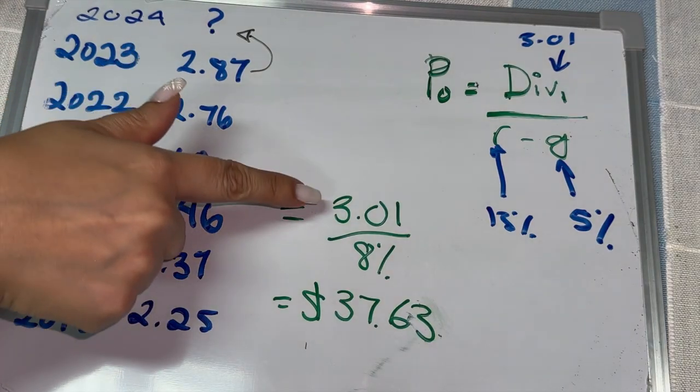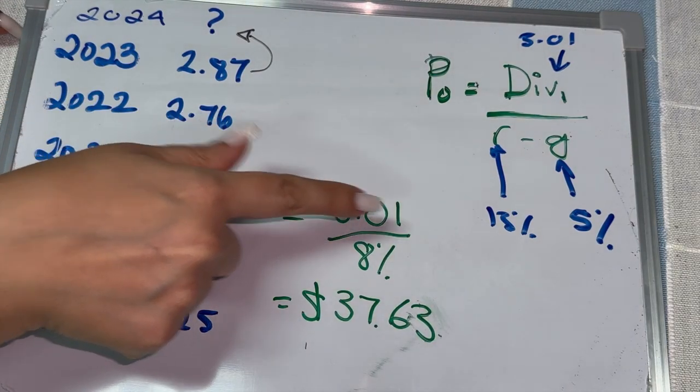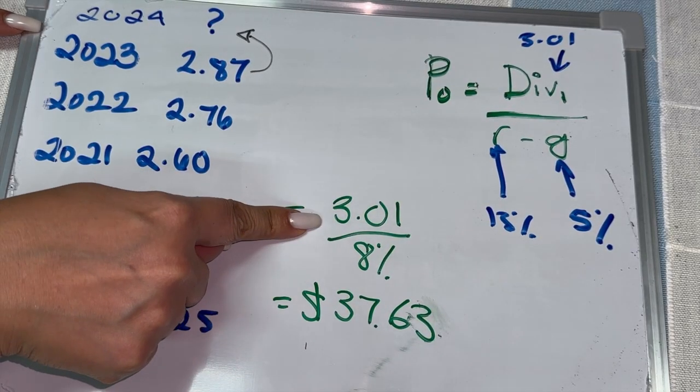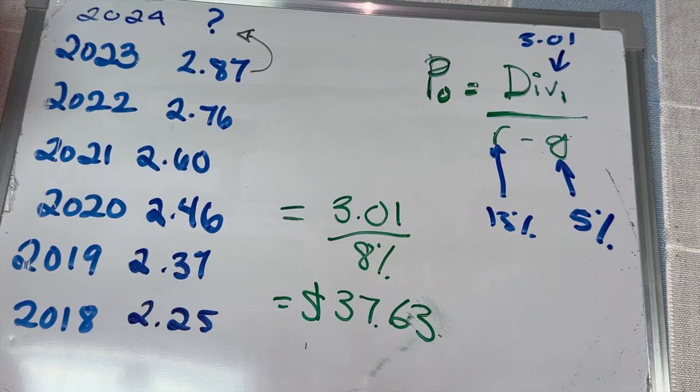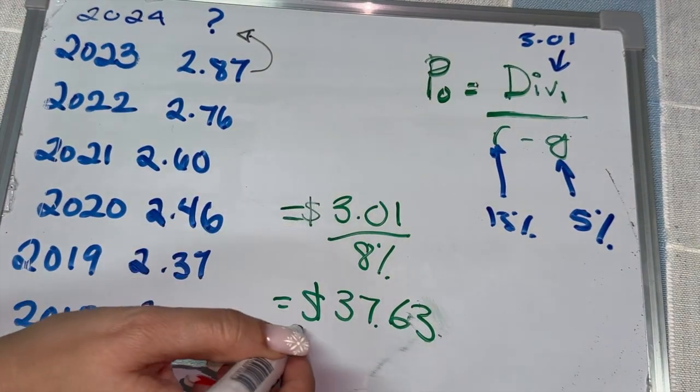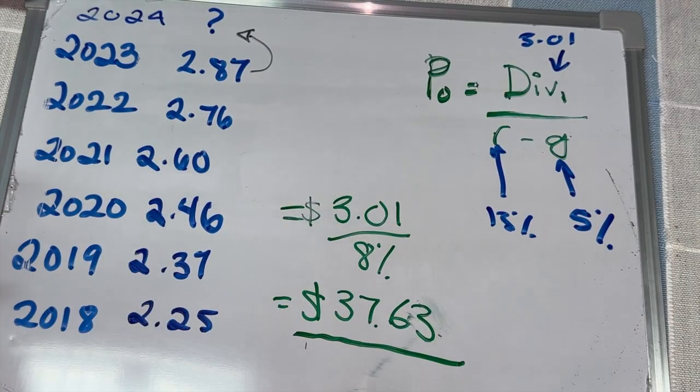So once you do your calculation, if you put the dividends that you received, 13% minus 5% is 8%. I just divide $3.01 divided by 8%. My answer is $37.60. Okay?